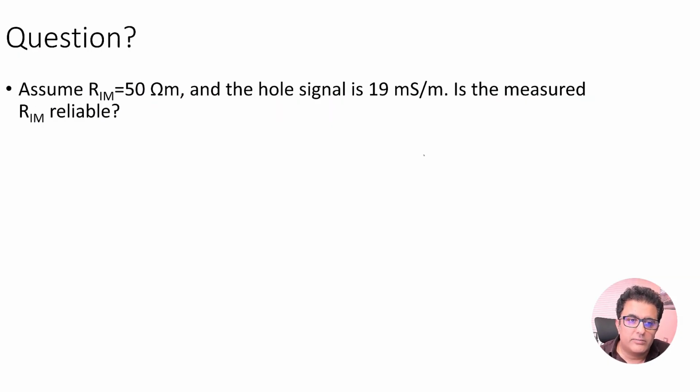So now assume that RIM is 50 ohm meter and the whole signal is 90 millisiemens per meter. Here is the question: is the measured RIM reliable?